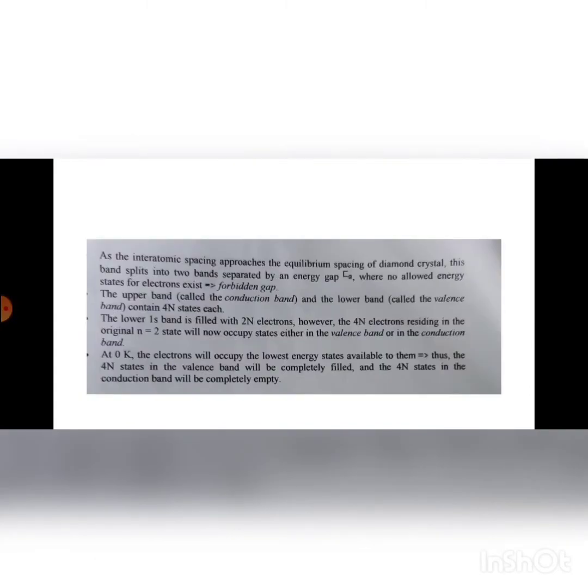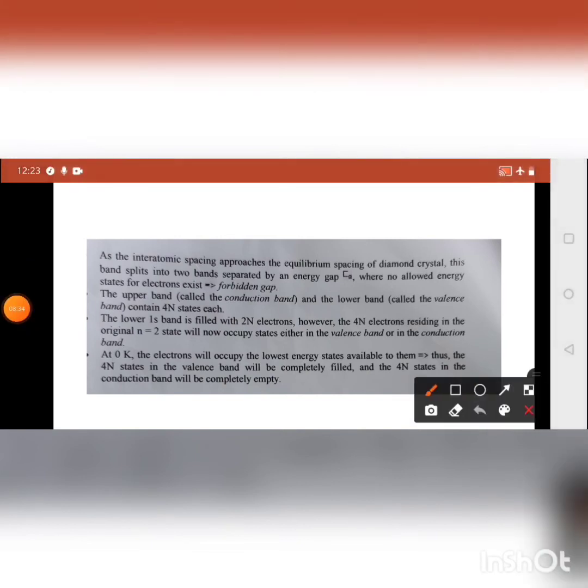As the interatomic spacing approaches the equilibrium spacing of the diamond crystal, this band splits into two bands separated by an energy gap Eg, where no allowed energy states for electrons exist. It is known as the forbidden gap. The upper band is called the conduction band and the lower band is known as the valence band.